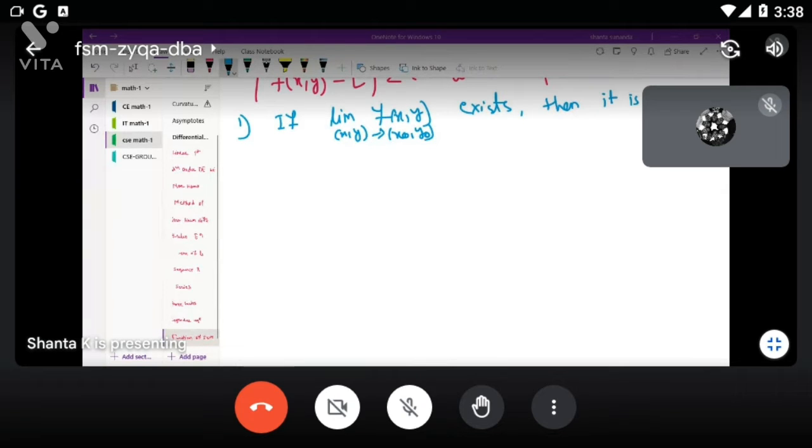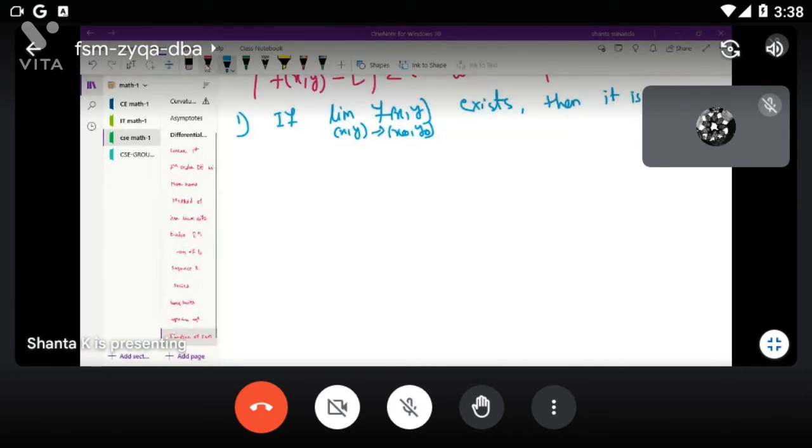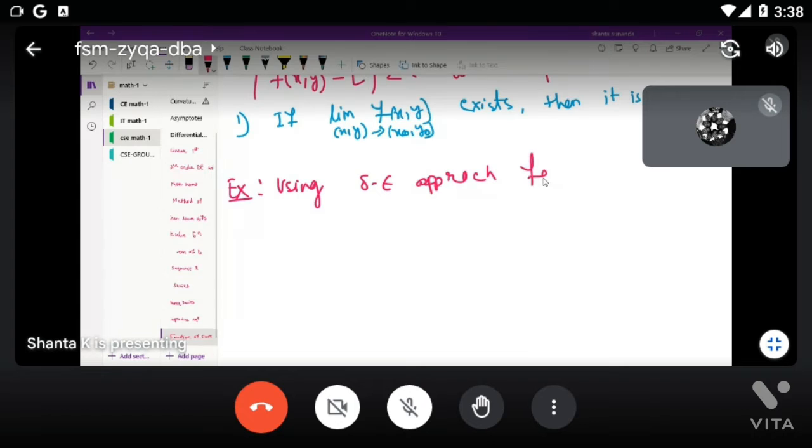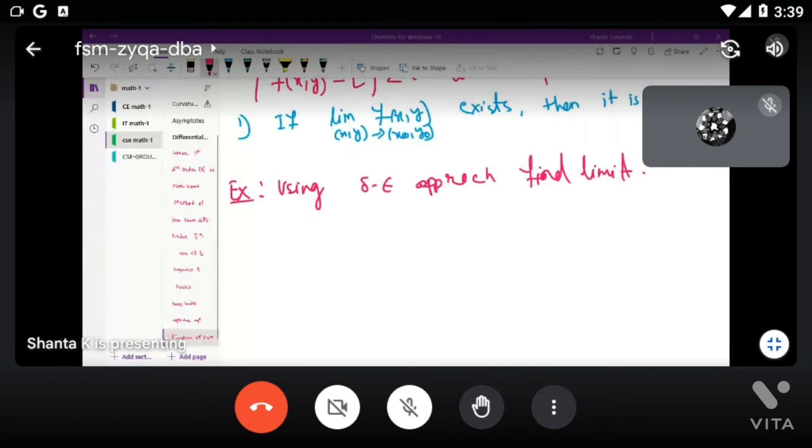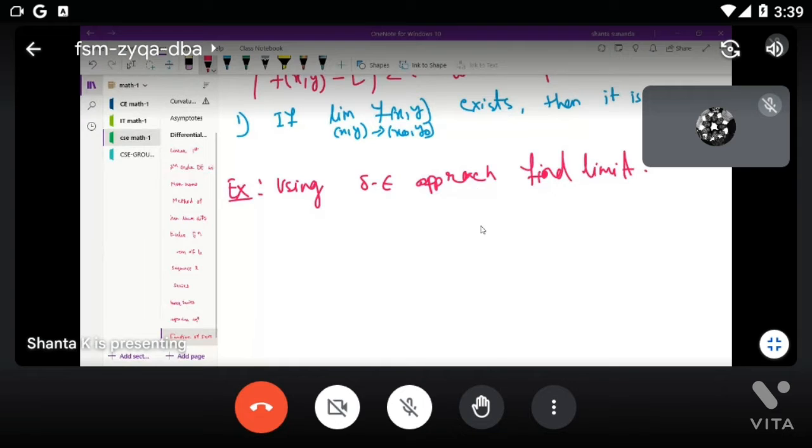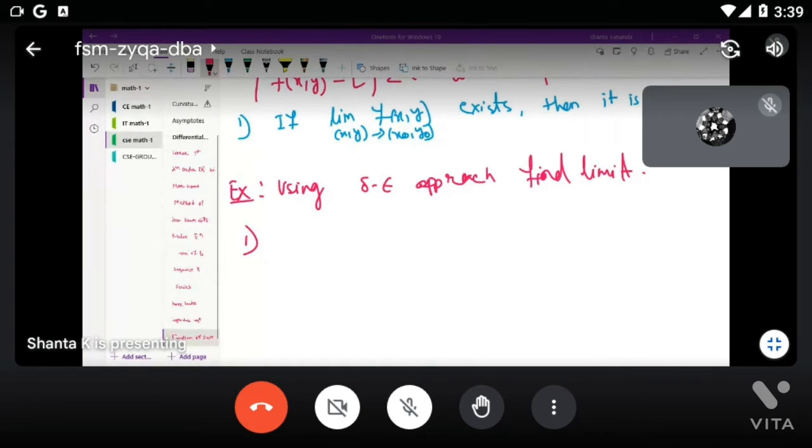Now let's see, using this epsilon delta method, we will find the limit. So using the delta epsilon approach, find the limit. Let's take the first question.